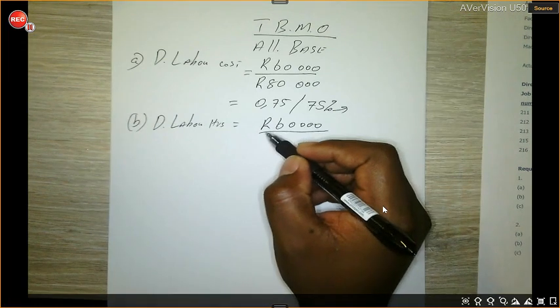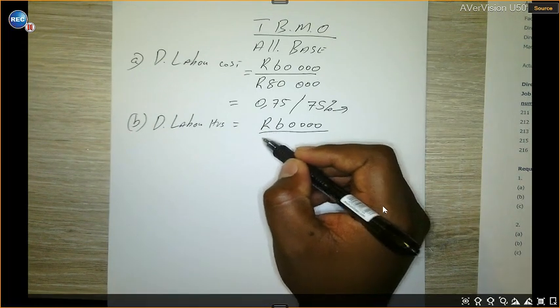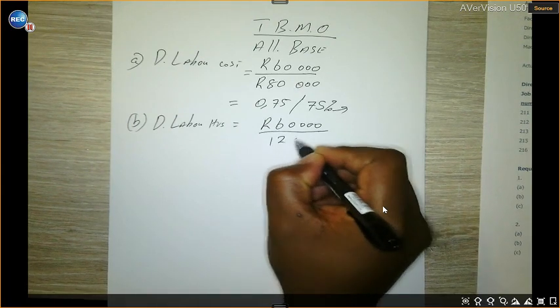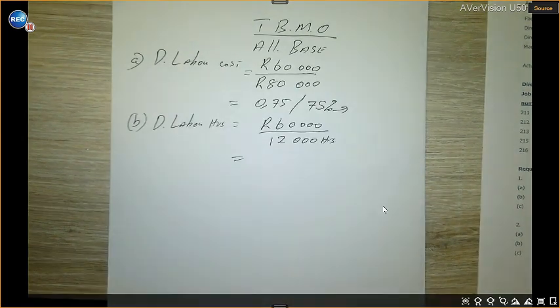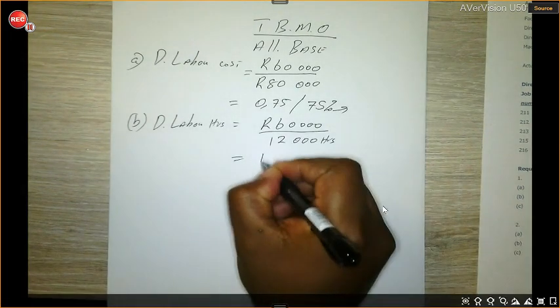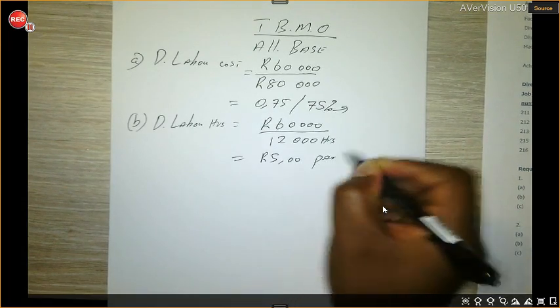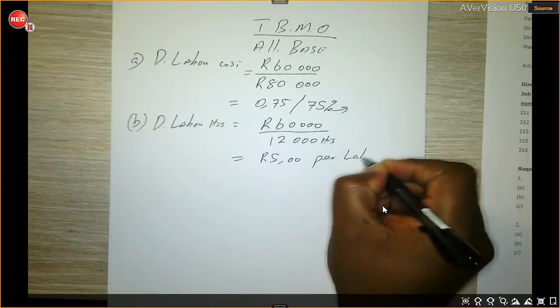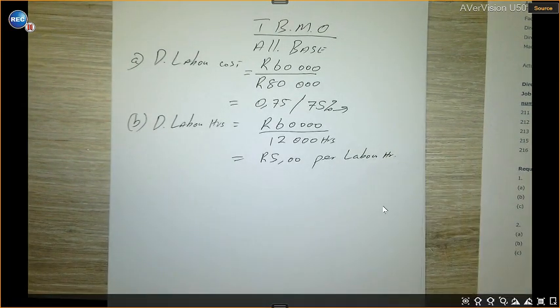In this case, because we're using the hours, your base is going to be 12,000 hours. These are your labor hours. Then it's going to give you an answer now in rands. You are going to have 5 rand per labor hour. That's going to be your answer for B.